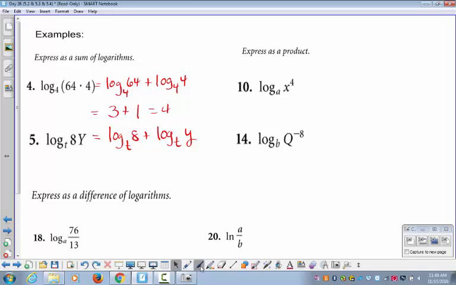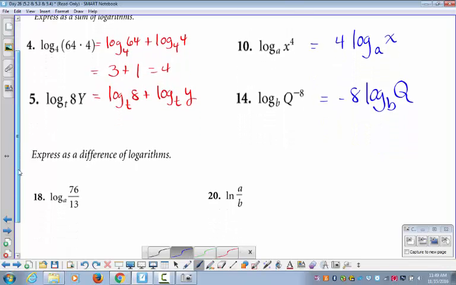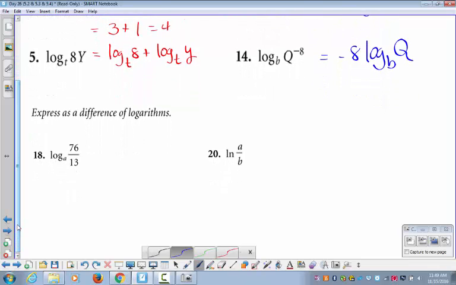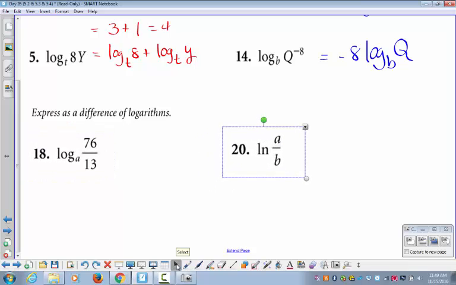A little more practice of these. As a product, here we're using the power rule. So if we have a power on the inside, that's going to come out in front as a multiplier. And similarly for 14, that negative 8 comes out as a multiplier. And when we have division on the inside, it turns into subtraction.